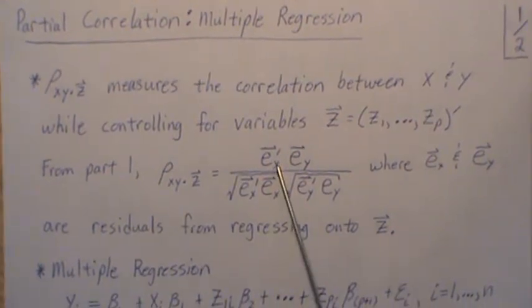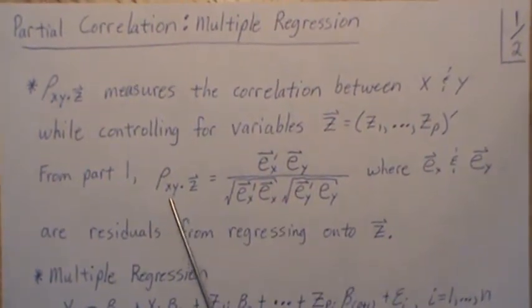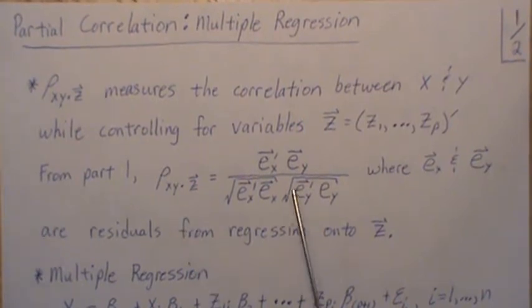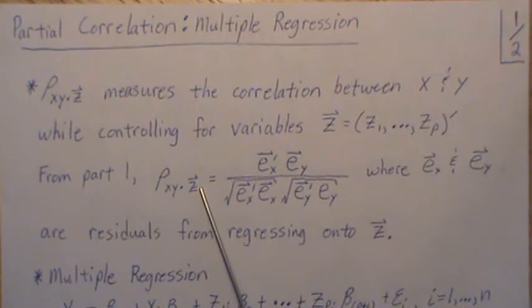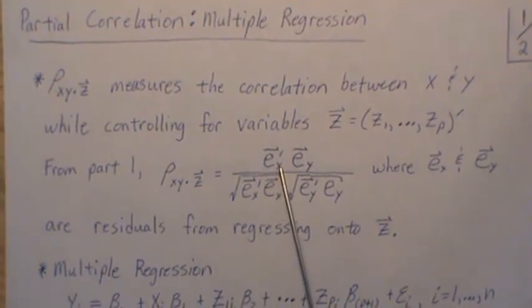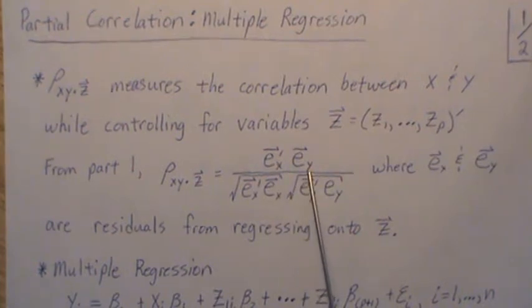So what this is, we want to find the correlation between x and y while trying to control for the effects of z. So we take x, regress it onto z, and find the residual. That's the essence of x, but with the effects of z removed. And then we do the same thing for y.